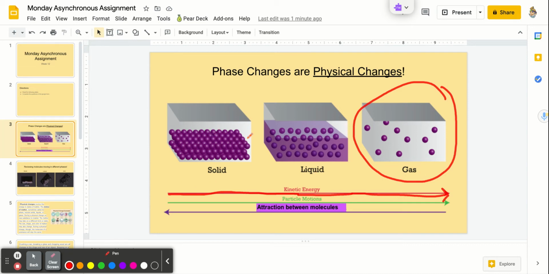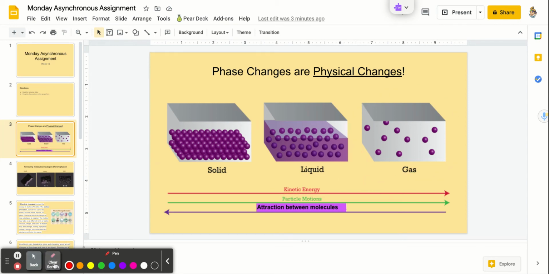But if you go from a gas to a solid, that energy is going to be lower on this end. Same with motion, right? So we know that in the solid phase, these molecules don't move that much. In the liquid phase, they start to move a little bit more, but in the gas phase, they're moving the most. So we want to remember that these phases are also connected to how these particles or molecules are moving.